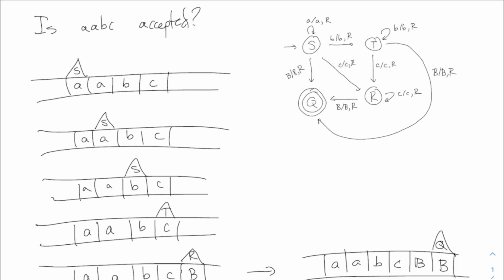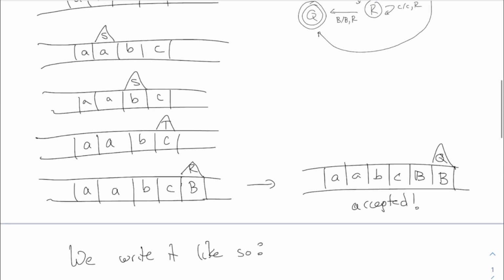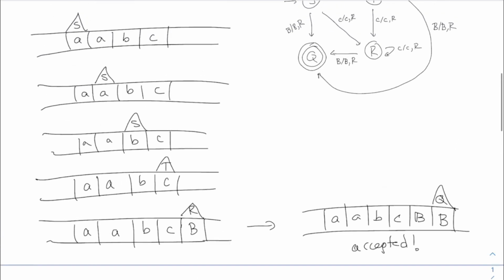Let me just say how we typically will write these. We write it like so. Each one of these intermediate steps can be translated into, for instance, this one right here.